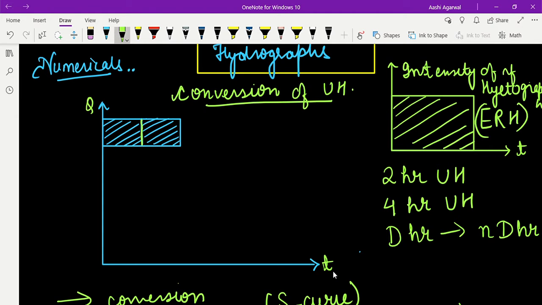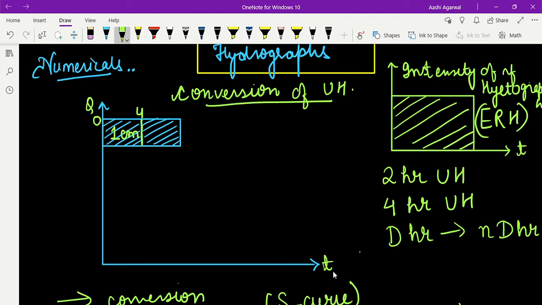For example, here I am trying to say that from 0 to 4 hours, here I plot the time, and here I will write the intensity of effective rainfall. Because I am dealing with unit hydrograph, I know the depth of rainfall should be 1 centimeter. Which rainfall? Effective rainfall.